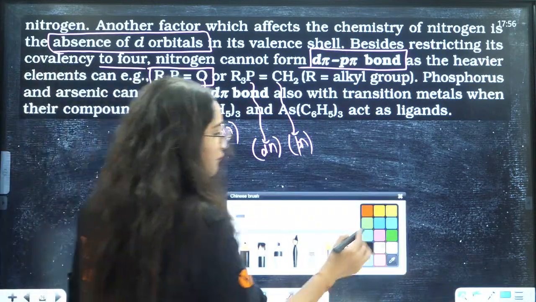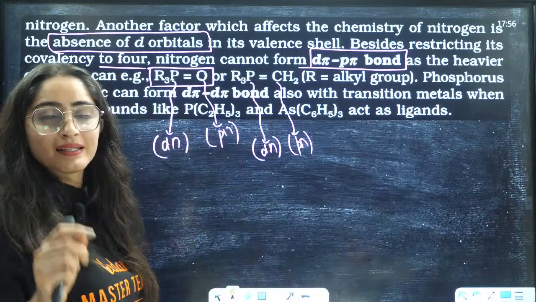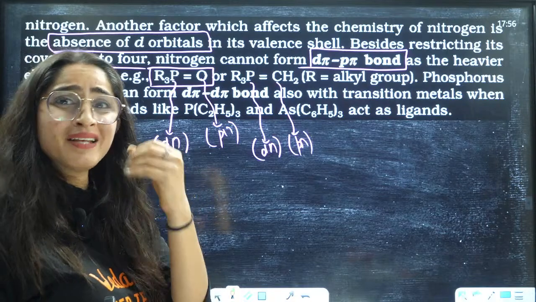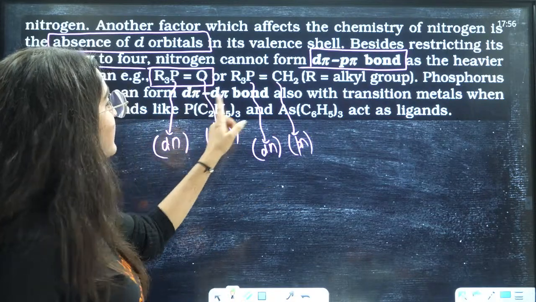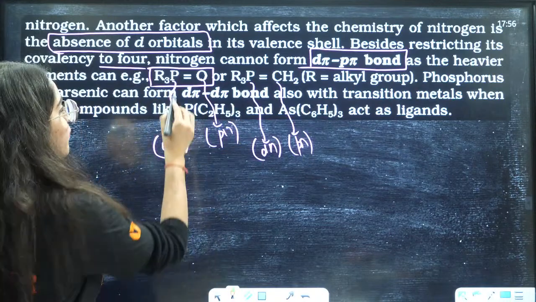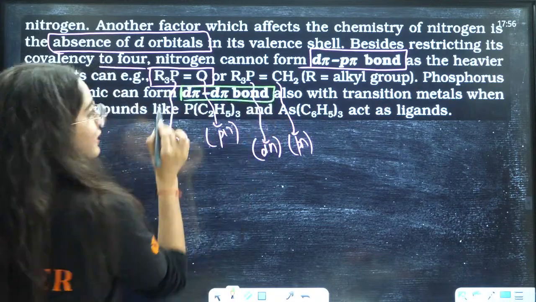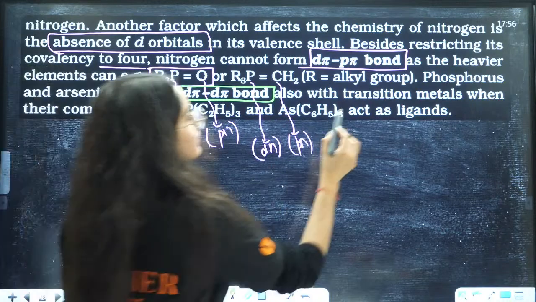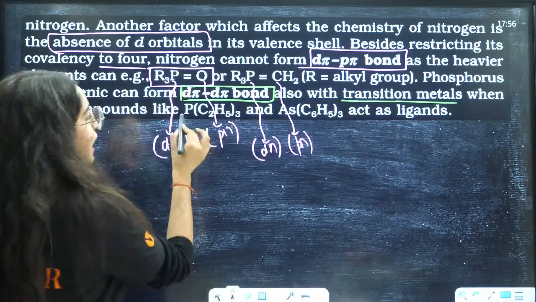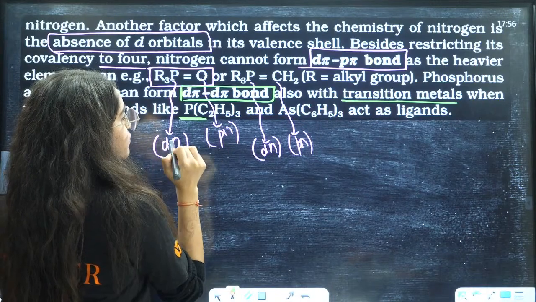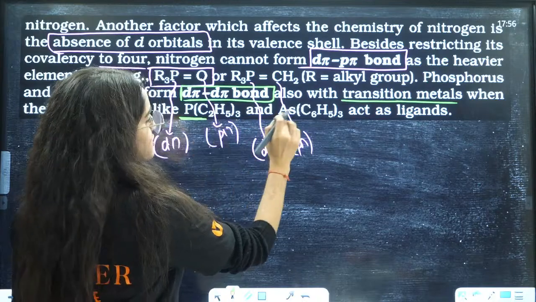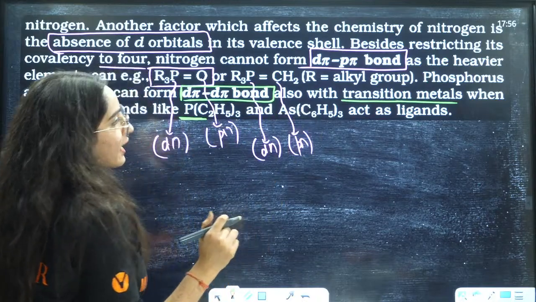Now, if it wants to have d pi, then it should form the bond with a d element. That means the transition elements. So phosphorus and arsenic can form d pi bonding, but in that case it should be with the transition metals, in their compounds like this arsenic with C2H5 thrice. This is phosphorus, this is arsenic, and here it is acting as a ligand.